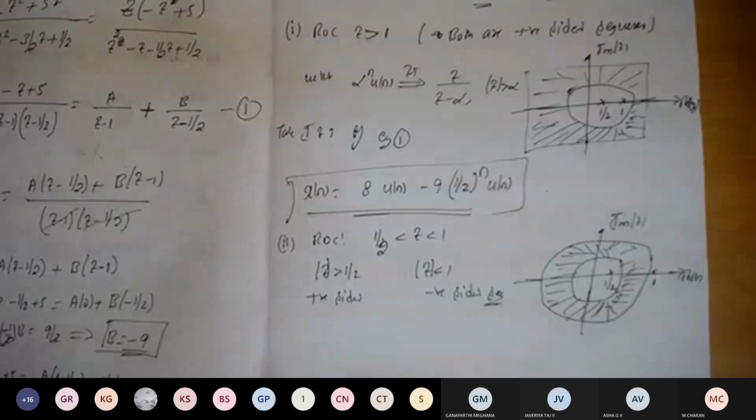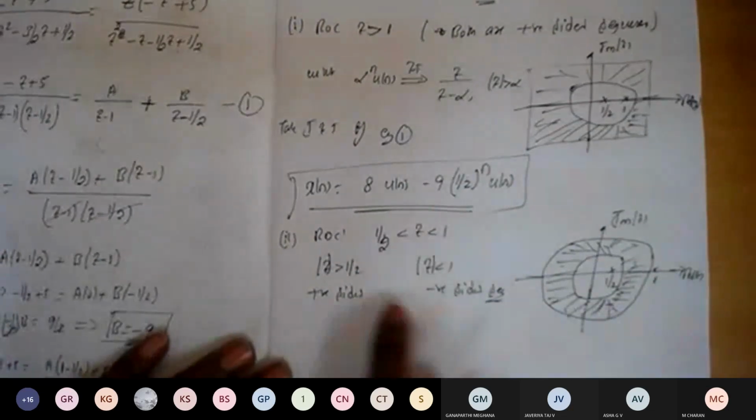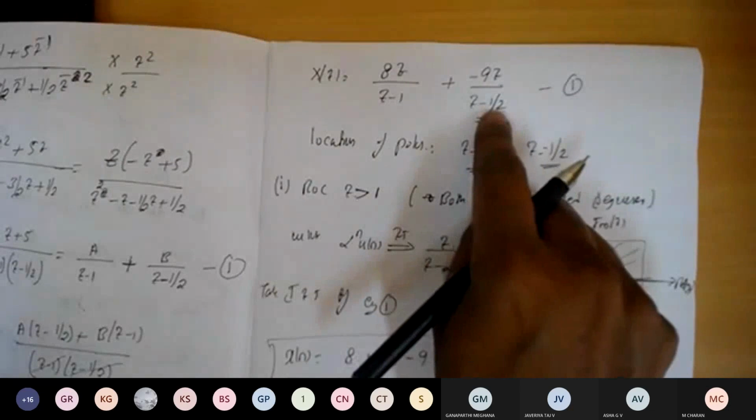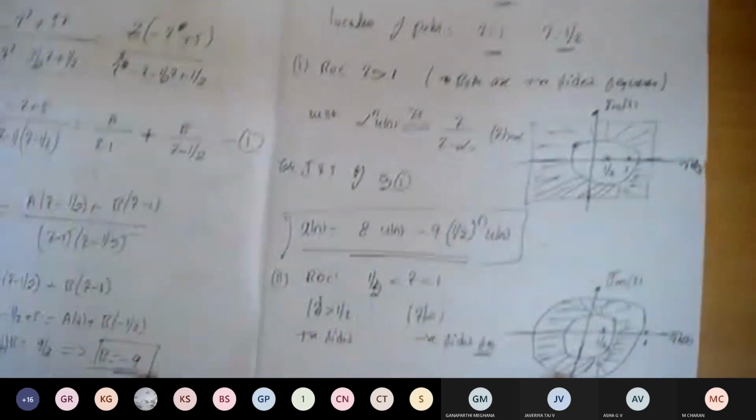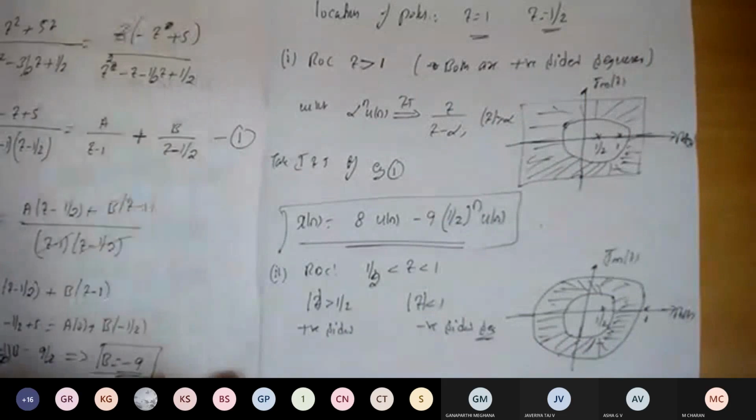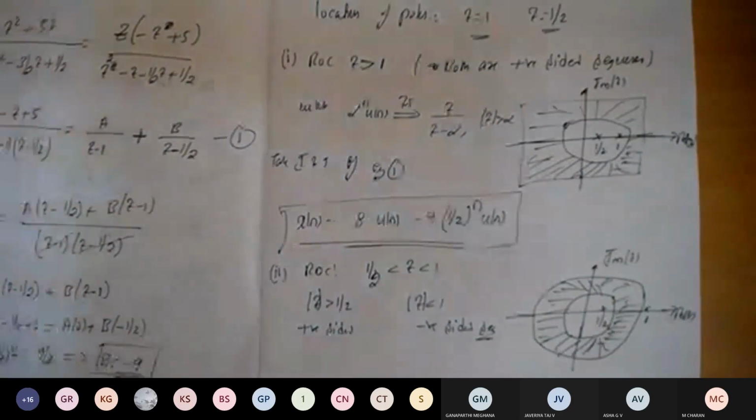So this is the positive sided sequence and this is the negative sided sequence, and we'll take the inverse Z transform accordingly.